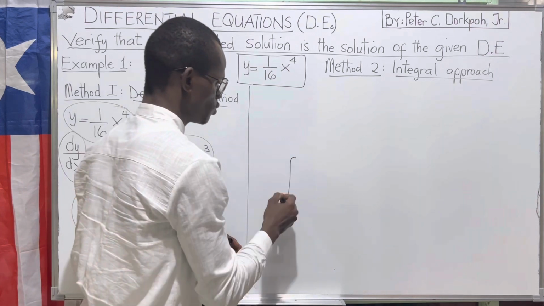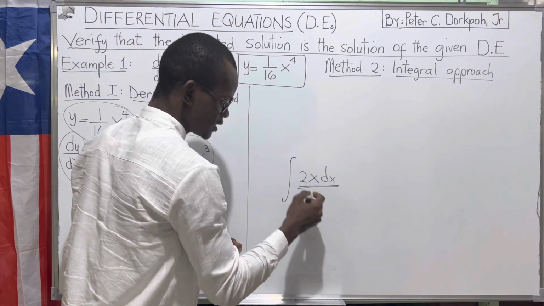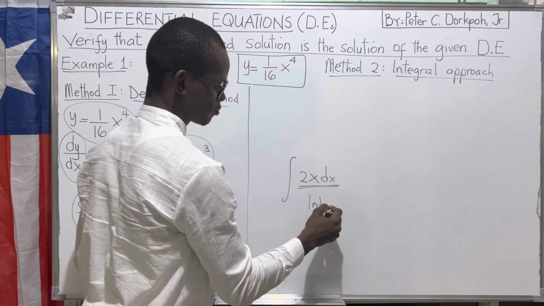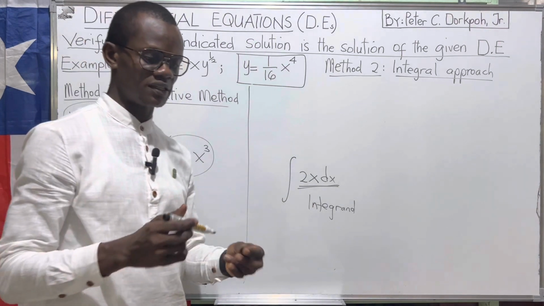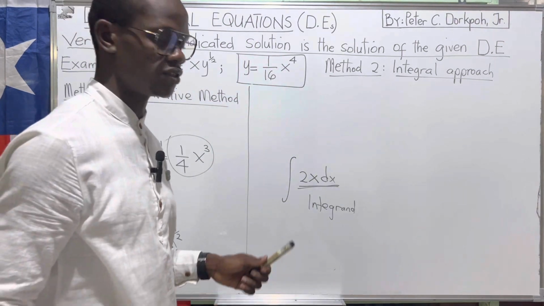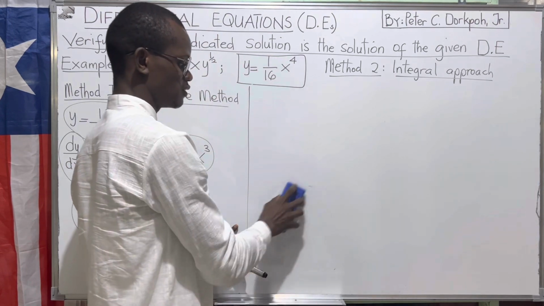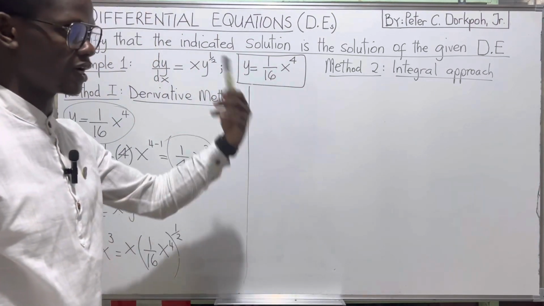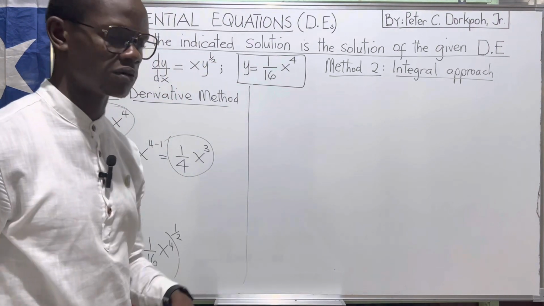If you have the integral of 2x dx, this 2x dx is called the integrand, and this integrand is a derivative. It's not just a function, it's a derivative, right? It's a function, but it's a derivative, not just a linear function or quadratic function or whatever function.